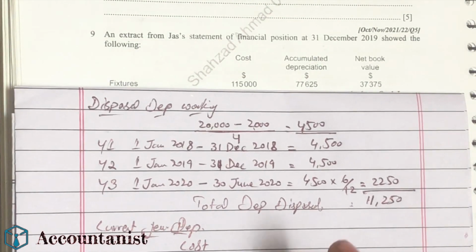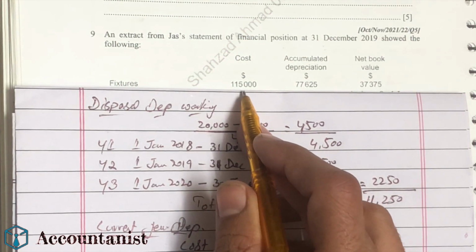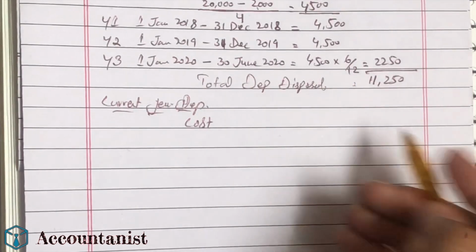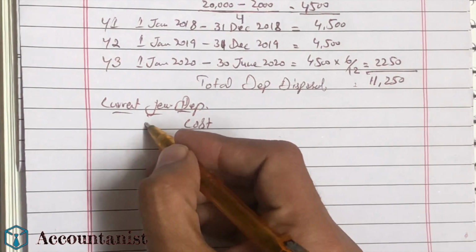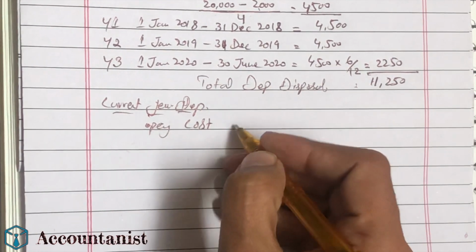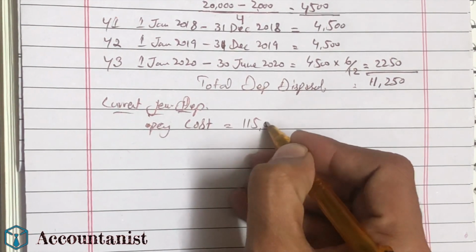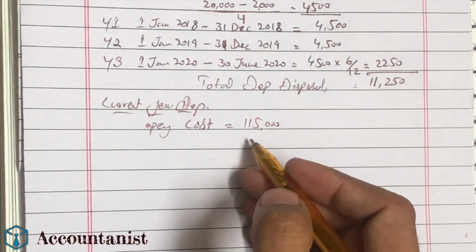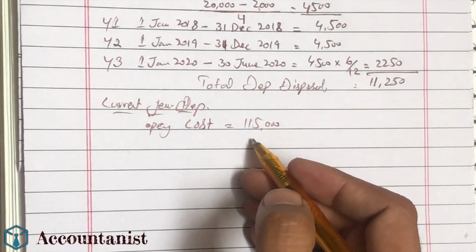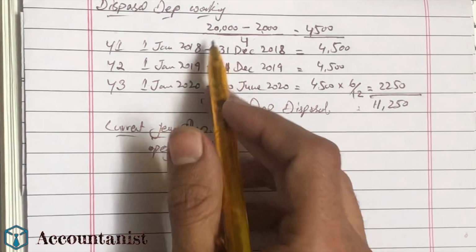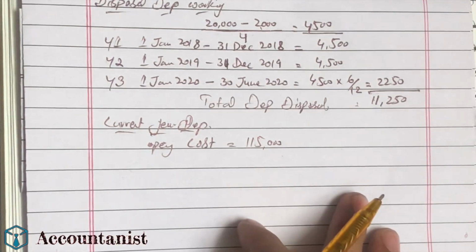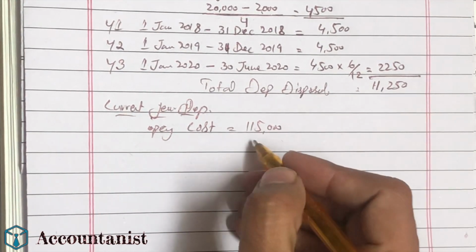So I had an opening value of cost of 115,000. I have sold one asset and the cost of that asset was 20,000. So I will deduct this 20,000 from here.